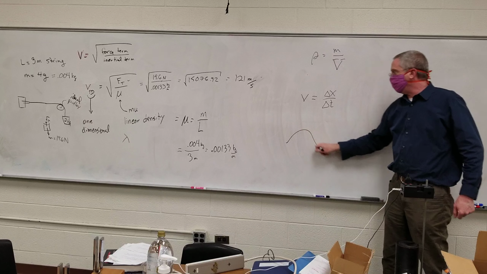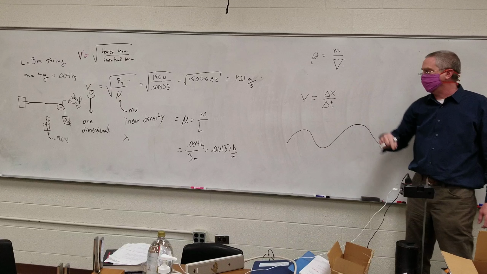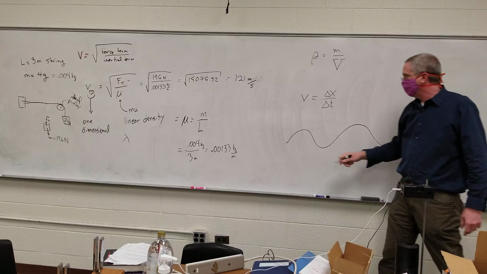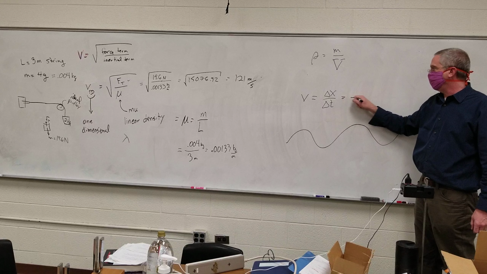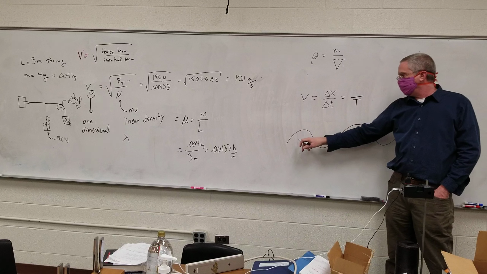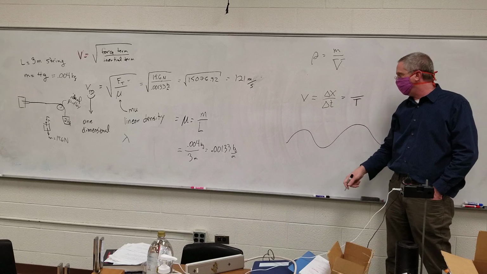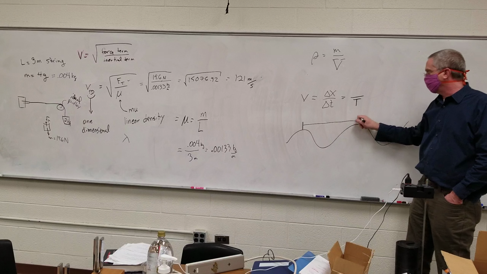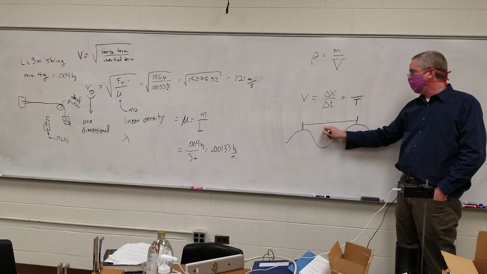So if I'm producing a wave back and forth, either on the string here or out in the hall, the time it takes to produce a wave is the period. And the distance that it travels in the time it takes me to produce a wave, and this is a vocab word I mentioned earlier, is known as the wavelength.